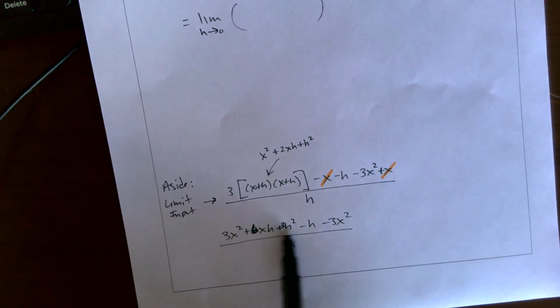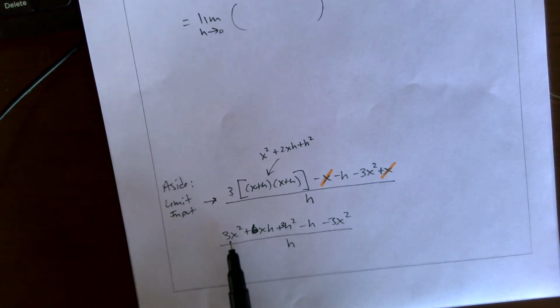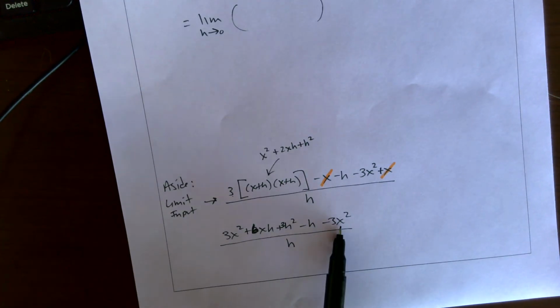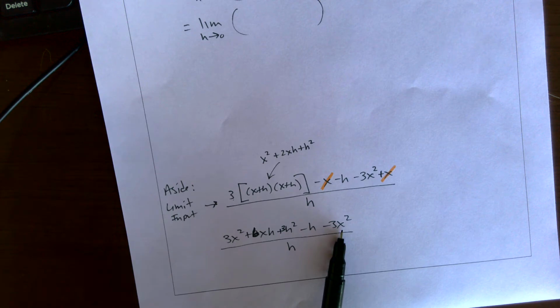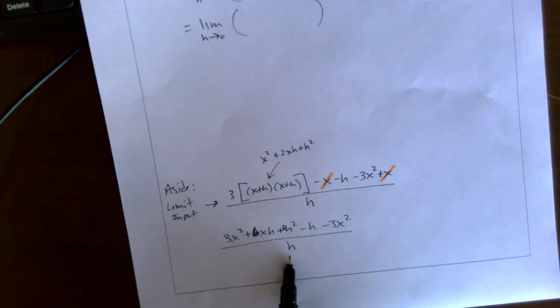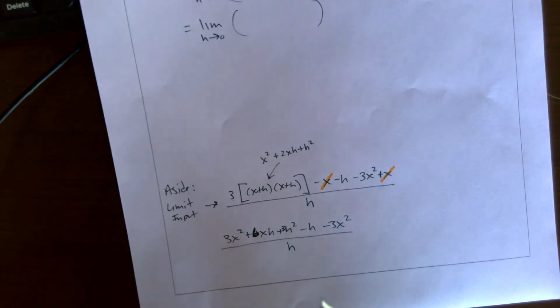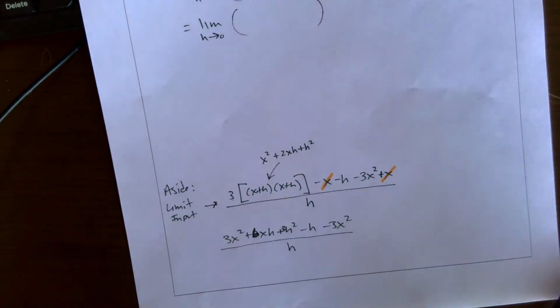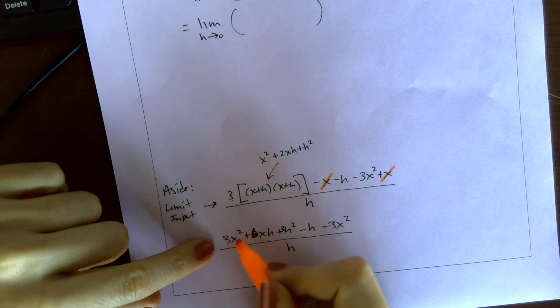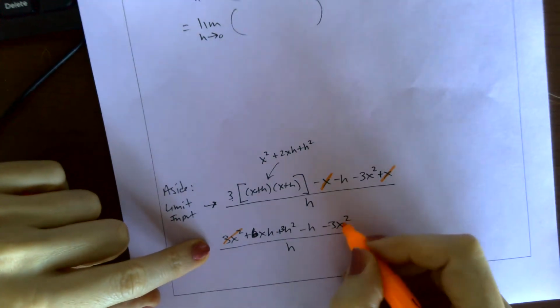So we're trying to get the h to cancel. And if you look at the top, I've got right now 5 terms. If they all had a factor of h, then I could factor out an h in the top, and then that would cancel. But they don't all have an h, because this first term and that last term don't have an h, but they cancel.